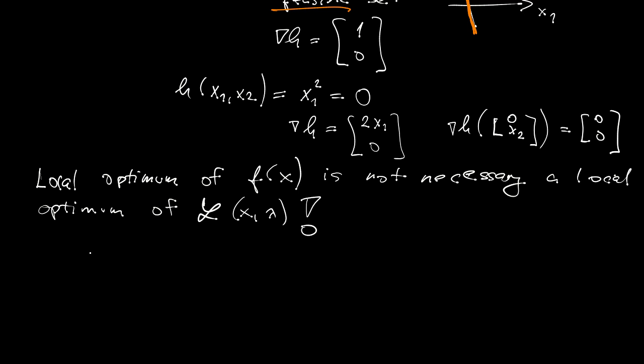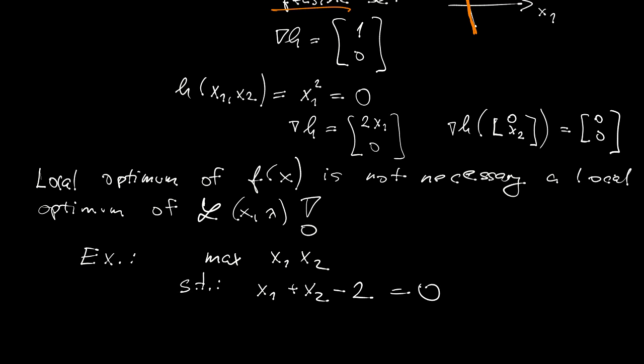Let's consider the following example. Let's now maximize x1 times x2, subject to the constraint that x1 plus x2 minus 2 is equal to 0.